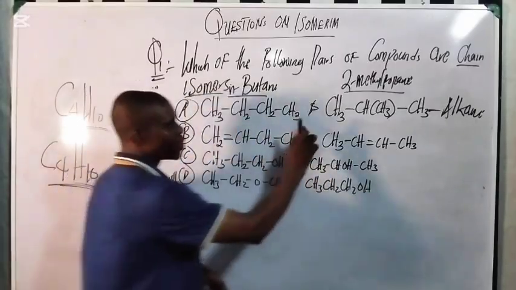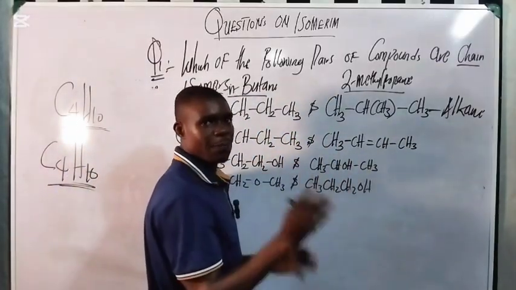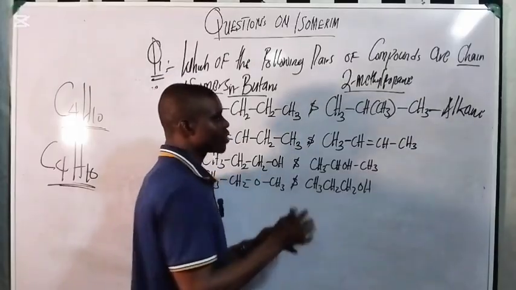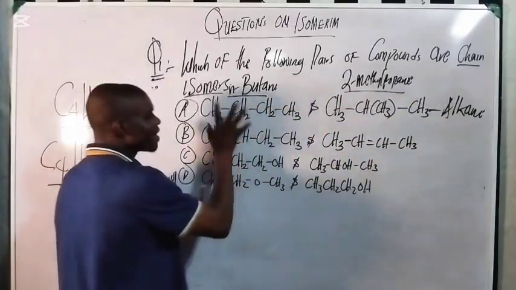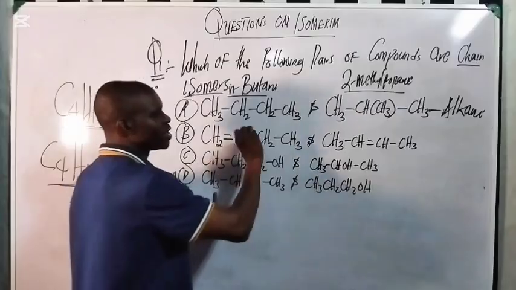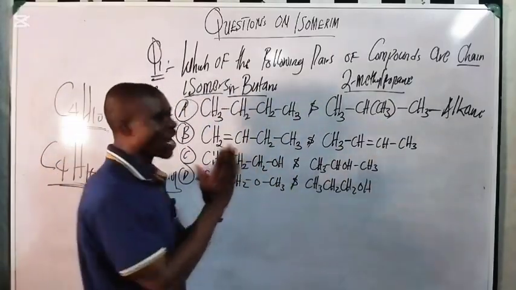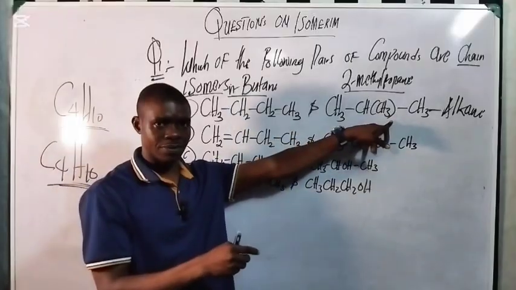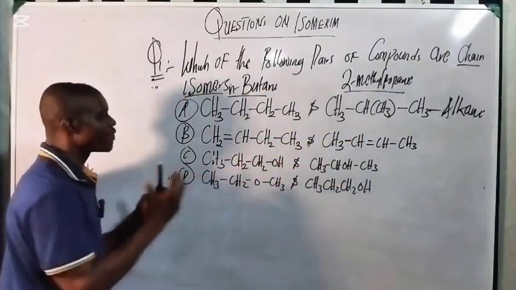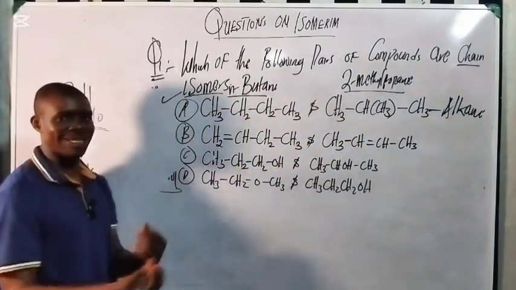But here it's still 4 carbon atoms, but branched. So it's called chain isomerism. They have the same molecular formula, but different structures, because they differ in the arrangement of the carbons. So the first one is the answer because of chain isomerism.